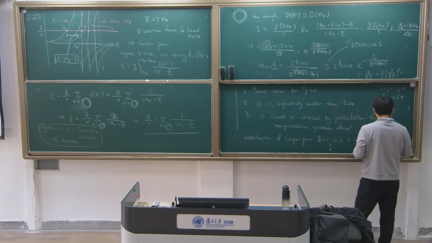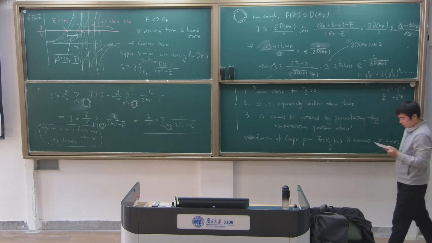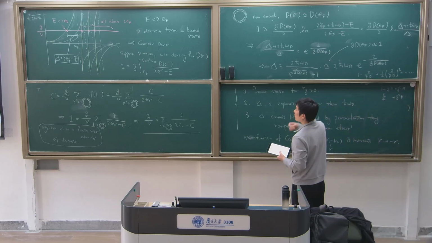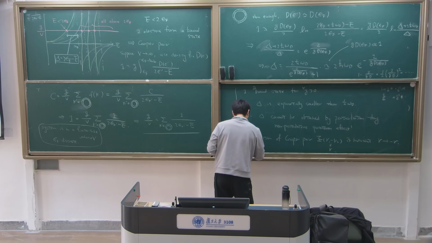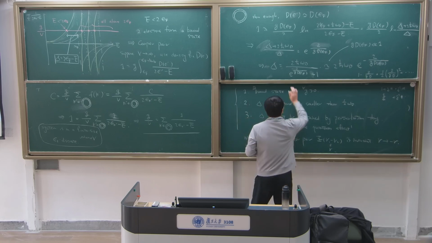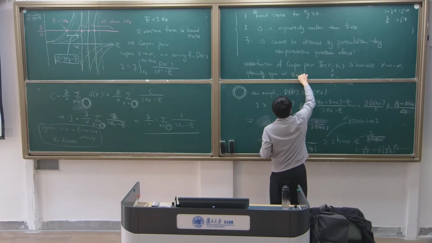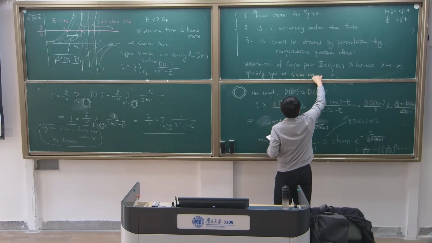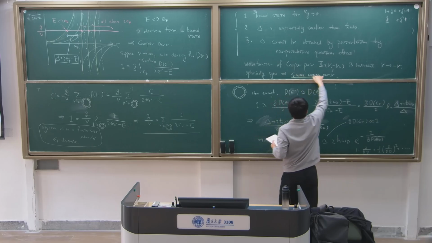If R goes to minus R, it is invariant, so we don't assume anything else. So it's really spherical symmetry. We assume spherical symmetry. So therefore, this is called S-wave Cooper pair.